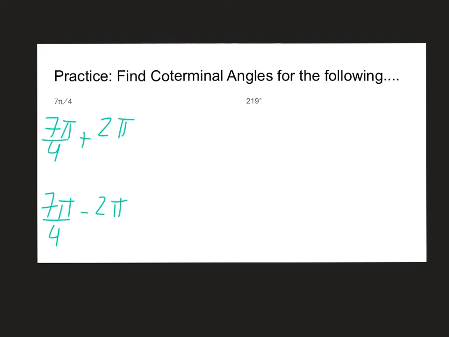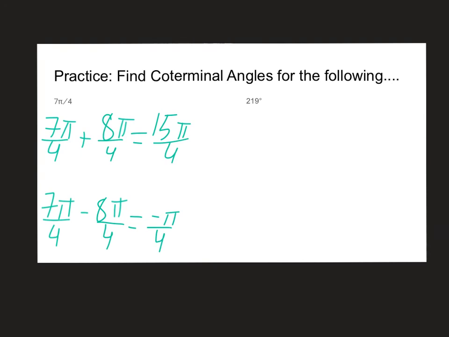But our 2 pi and our 7 pi over 4 are not in the same denominator, so we'll transform our 2 pi into something with a denominator of 4. That changes our 2 pi into 8 pi over 4, such that one coterminal angle would be 15 pi over 4, while the other one would be negative pi over 4.